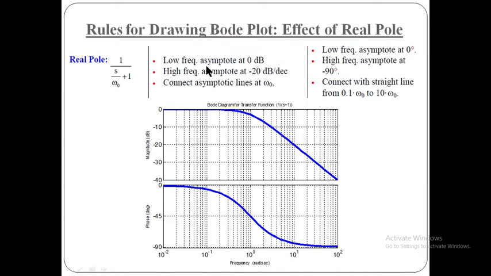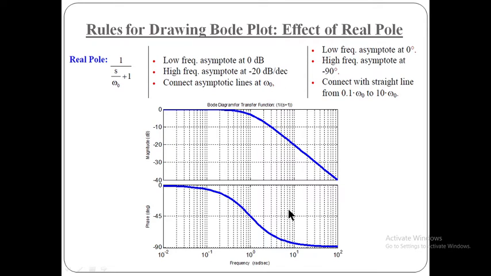So here the low frequency asymptote is at 0 decibel, and the high frequency asymptote is at minus 20 decibels per decade. Whenever we have a real pole like this, these conditions need to be considered. Then connect the asymptotic lines at omega 0.